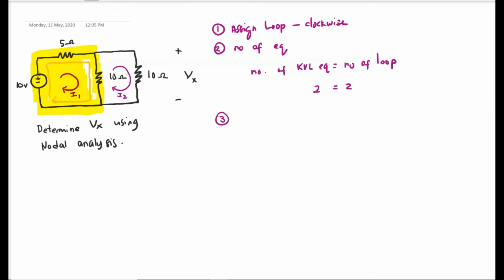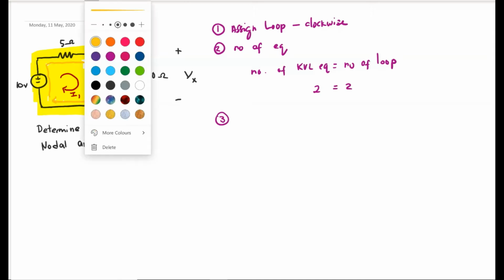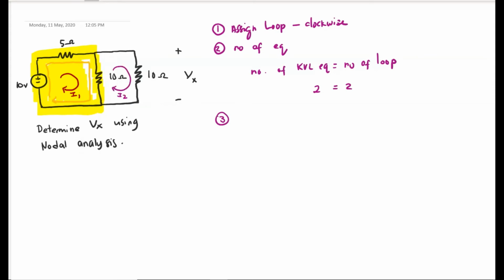And you can see that at the 10 ohm, there is I2 flowing through the 10 ohm in an opposite direction. This is the direction of I1, and then this is the direction of I2.